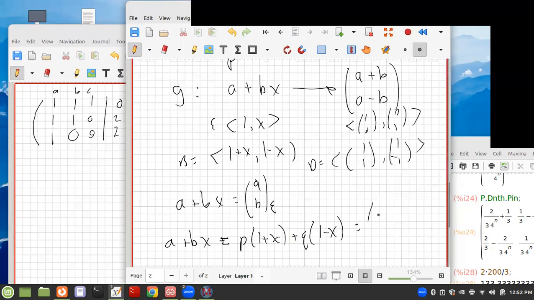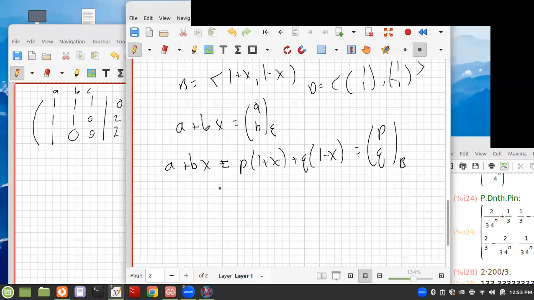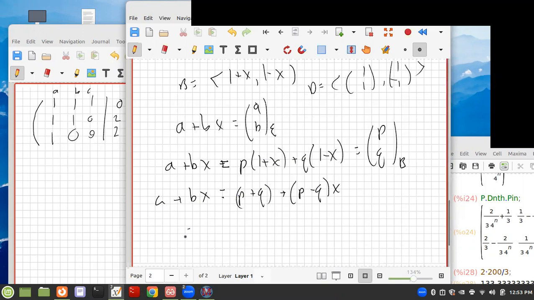Then the final answer is going to be PQ in basis B. If I solve for this, I have to collect terms: P plus Q plus P minus Q times X, because I multiplied out the constant terms and the coefficients of X. Now, these polynomials have to be the same polynomial, which means that A has to equal P plus Q, and B has to equal P minus Q, and that's a linear system.